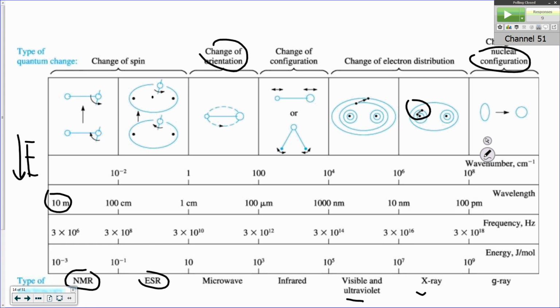Yes? What's going on in an MRI machine? MRI basically does what NMR does. So MRI is fundamentally NMR looking at water molecules and done as a three-dimensional image.